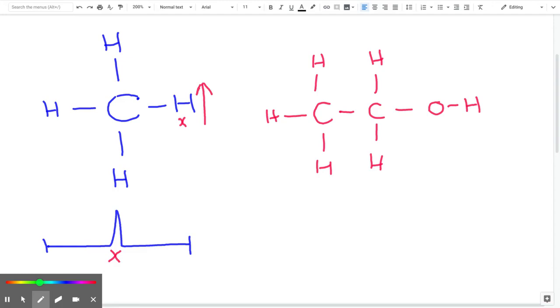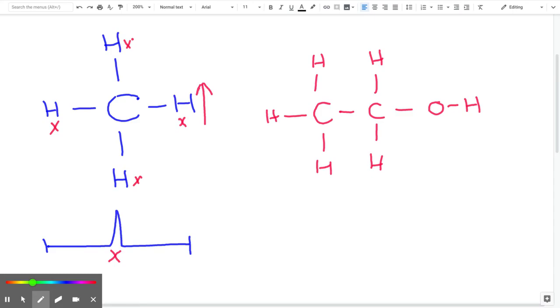So whereas in methane each proton was identical, we'll call them all X, within an ethanol molecule these protons are now no longer the same. However, they can be grouped together with equivalent protons, as they're called.